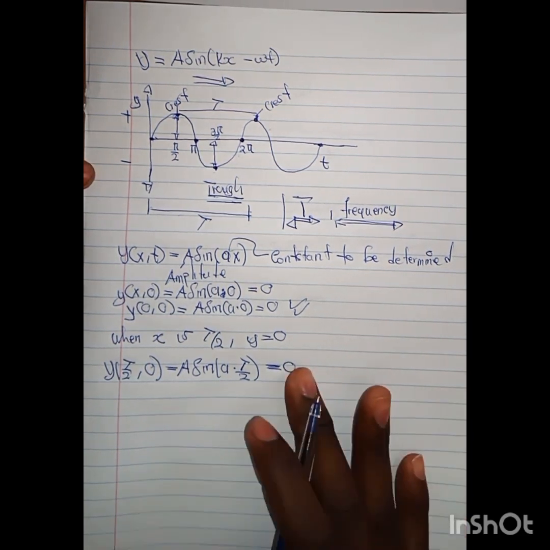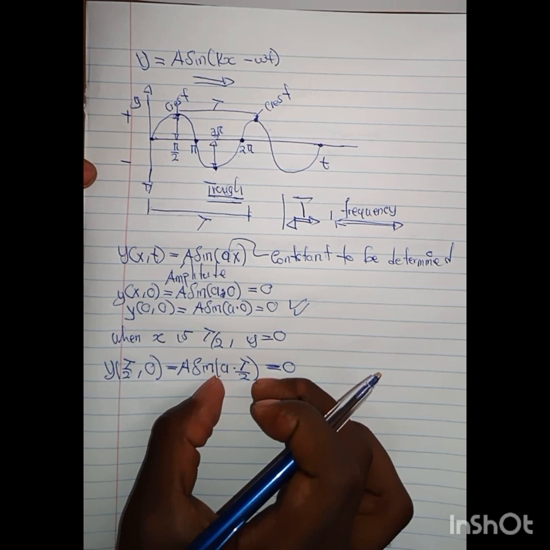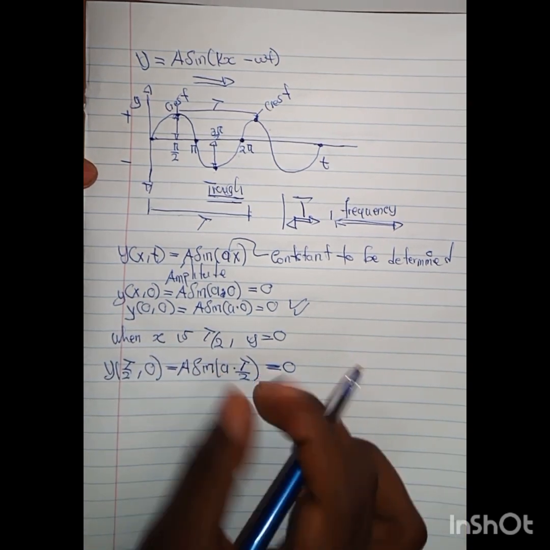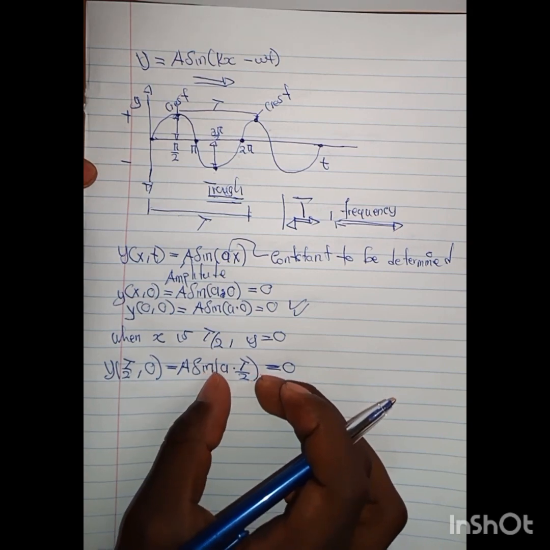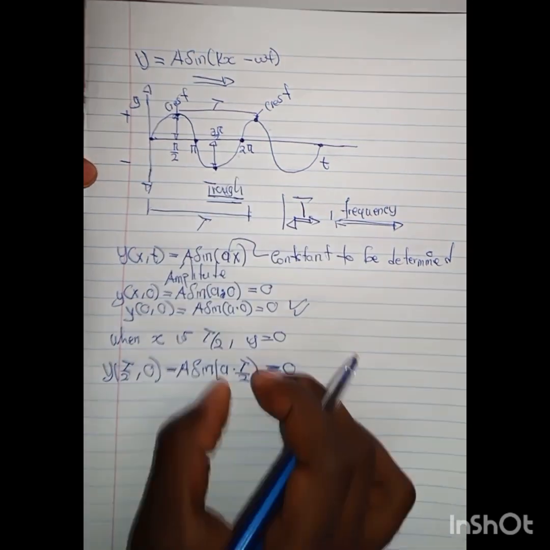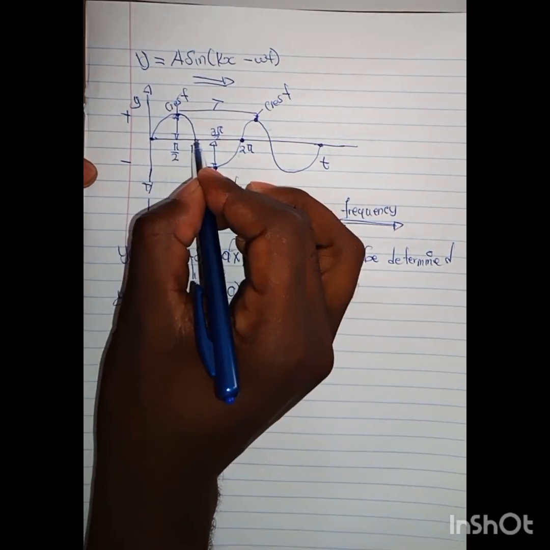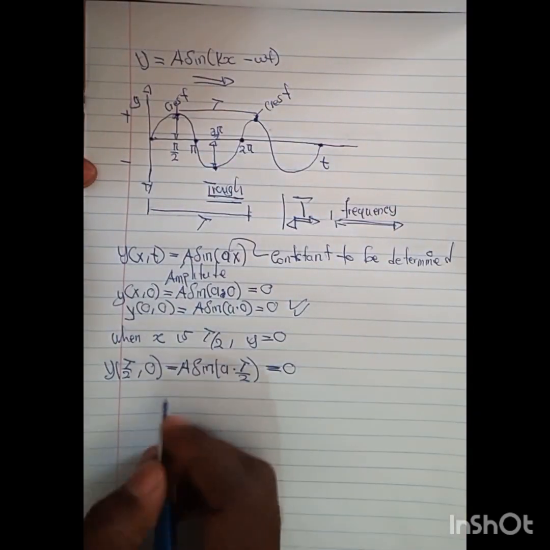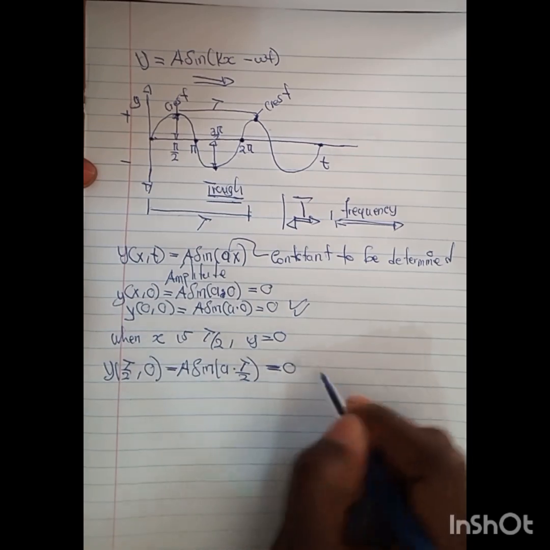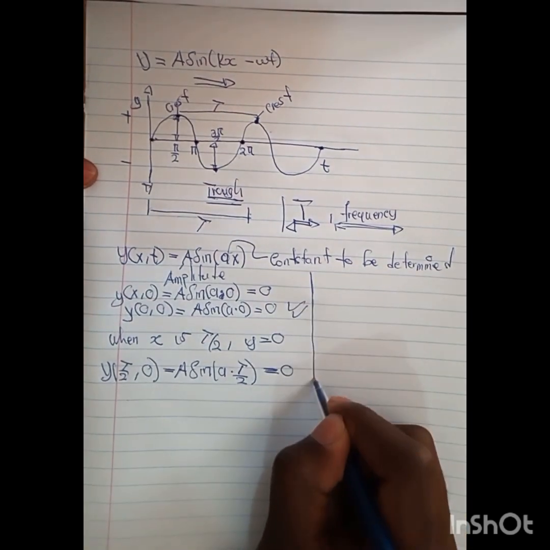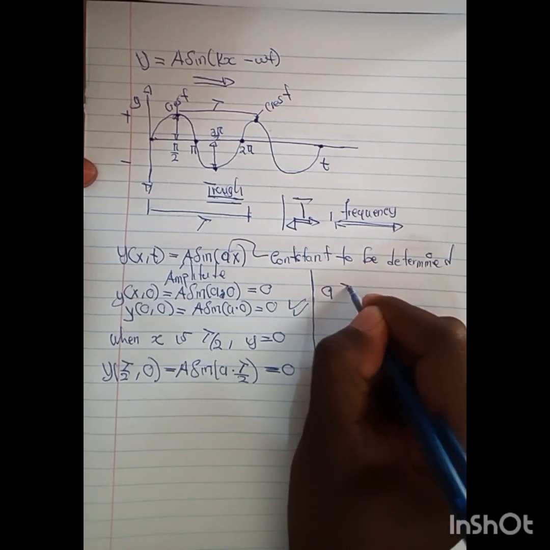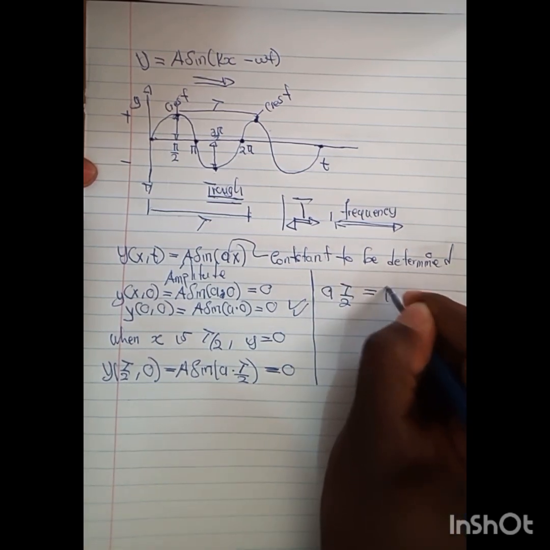But bear in mind that this information which we have can be true if and only if this angle is equal to pi, because when this angle is equal to pi, it will come to this point. The sine of pi is nothing but 0. So let me write this here for the sake of space. And then a lambda over 2 has to be equal to pi.